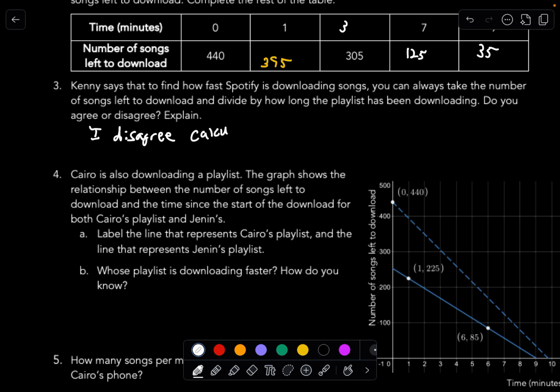Calculating 440 divided by 0, or 395 divided by 1, which is after 1 minute, or 305 divided by 3 does not give the rate.